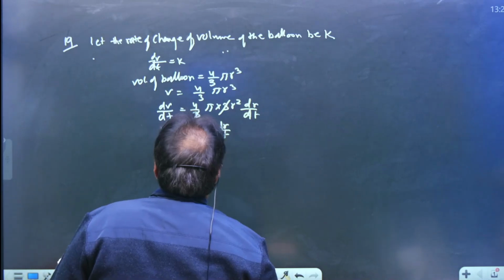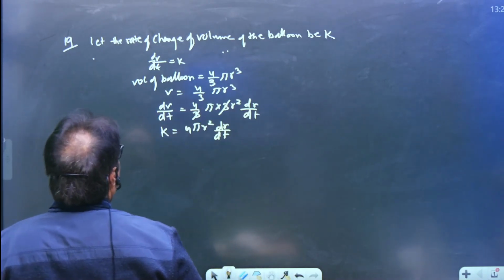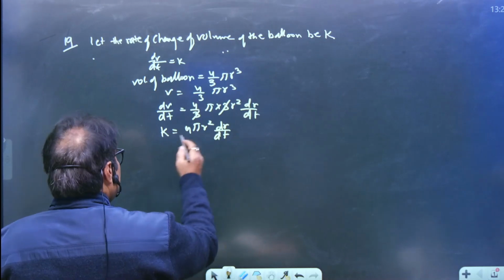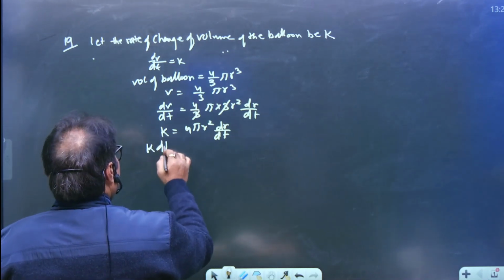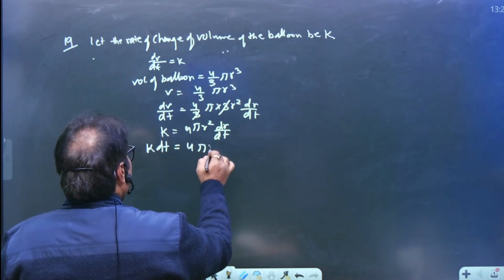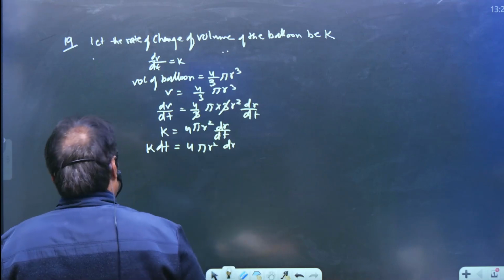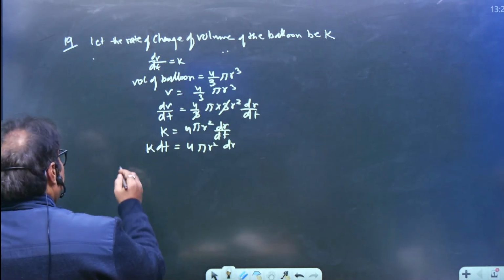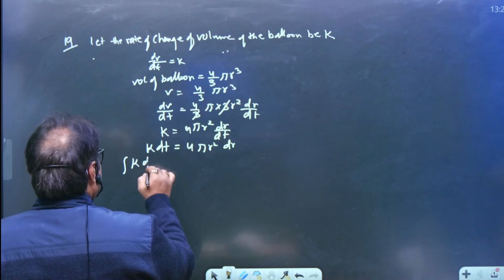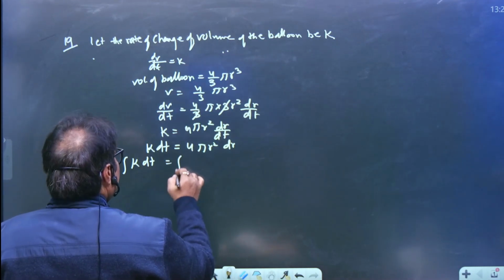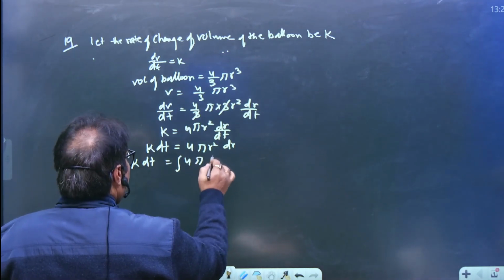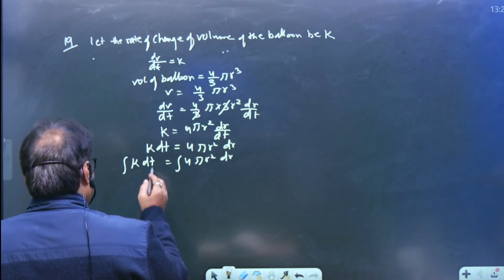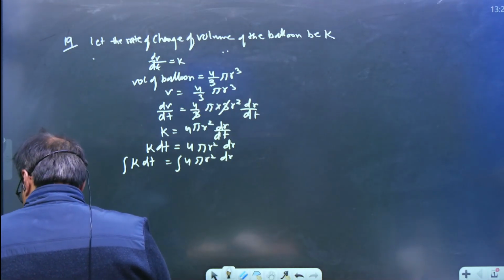Okay, so this is k dt is equal to 4 pi r square dr. So variables are separated, and now integrating on both sides. So k dt is equal to integration of 4 pi r square dr. So k is constant.